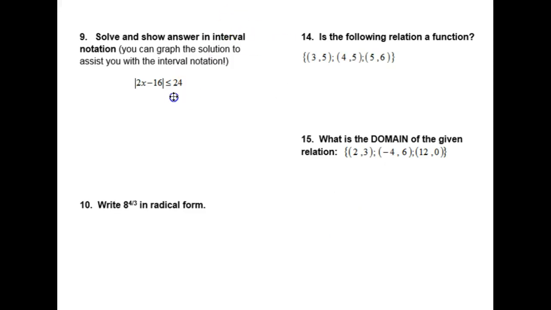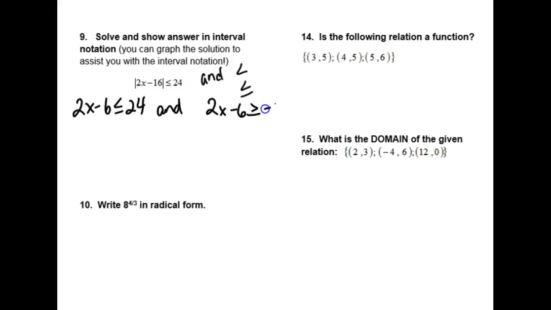Alright, now you should be able to tell from the sign that this is an AND problem, because remember, if it's a less than or equal to, you're working with an AND. And you're still going to set up 2 problems. The first one, you just take the bars off. And then the next one, you reverse the sign, and you negate the 24.